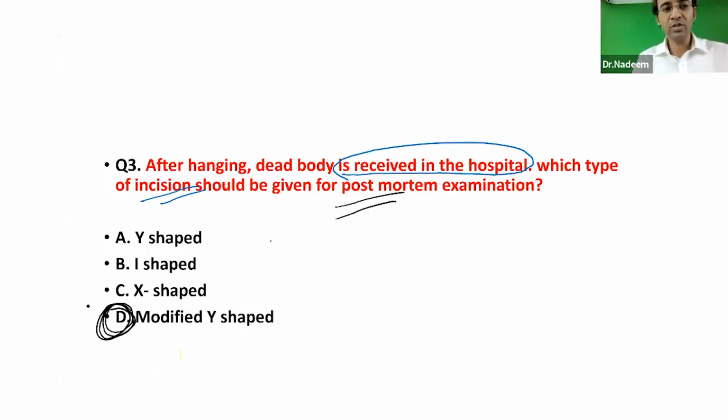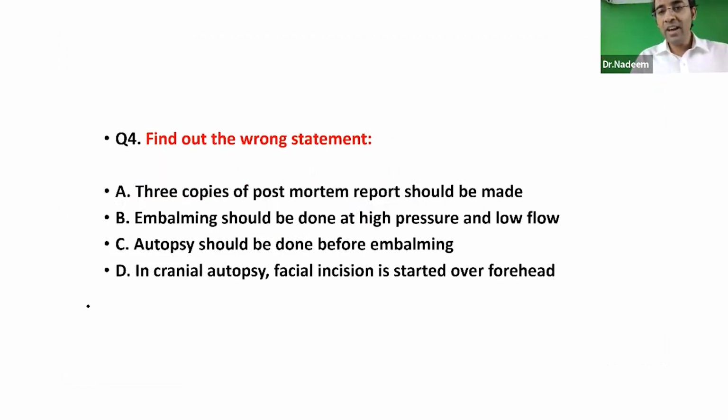Modified Y-shaped. Next question. Find out the wrong statement. Whenever you are going to do the post-mortem examination, how many report copies will you make? 1, 2, or 3? Yes, very good.